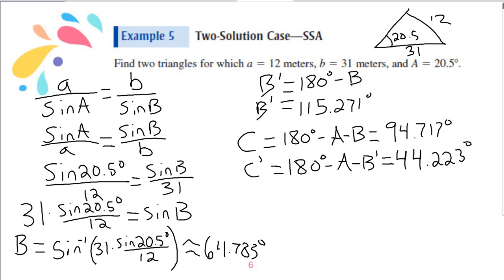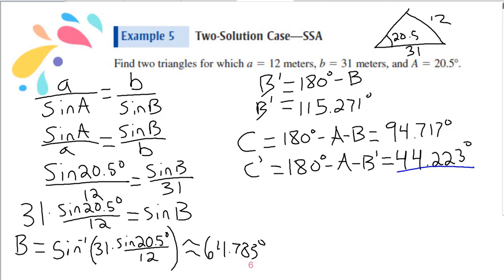Now, this is the spot that, if I only had one solution, I would run into an issue. So with zero solutions, we run into an issue finding my first angle.